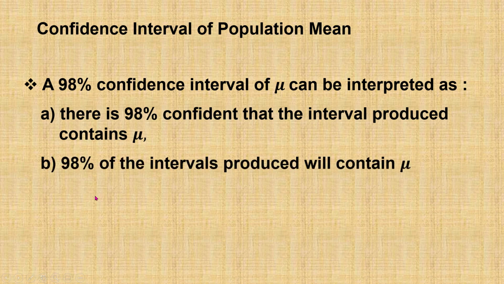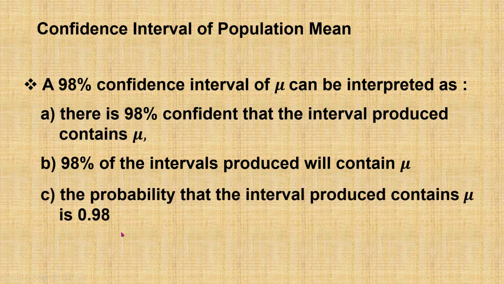Or we can interpret it as 98% of the intervals produced will contain the population mean. Or we can say that the probability that the interval produced contains the population mean is 0.98.